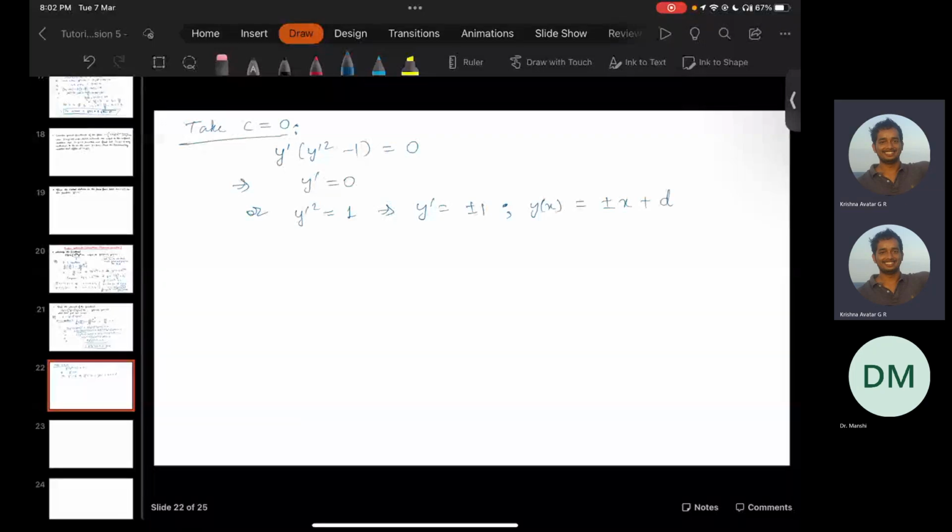Okay. So far so good. Now what we need to do is let's use our corner conditions, or Weierstrass-Erdmann condition.